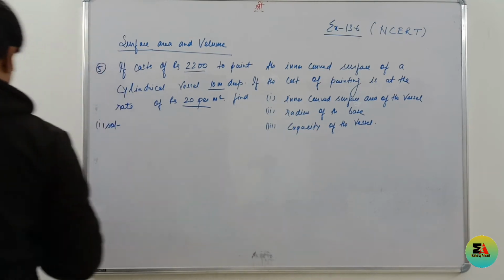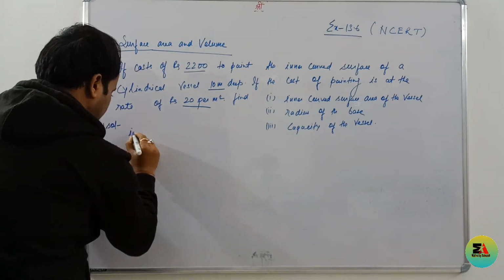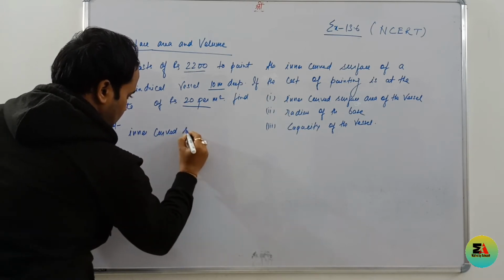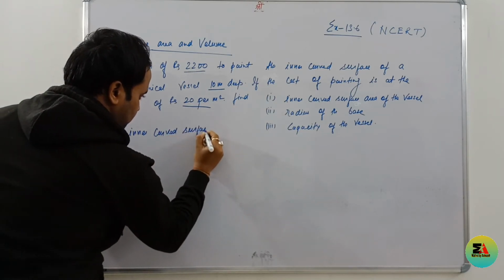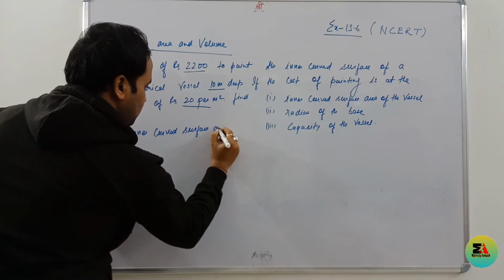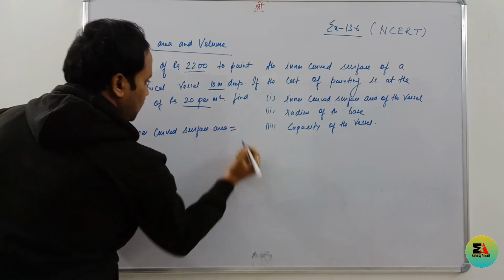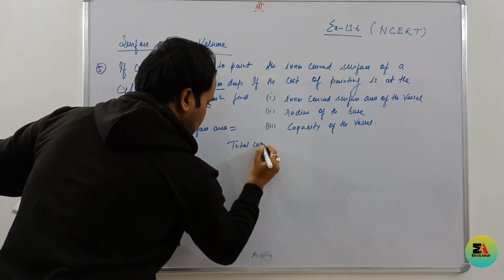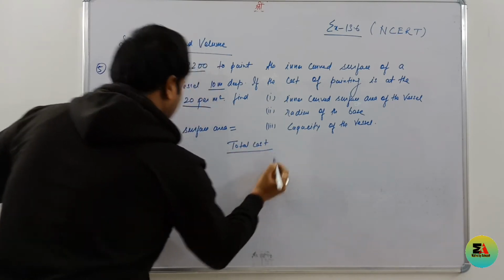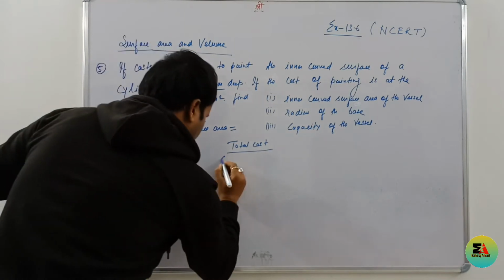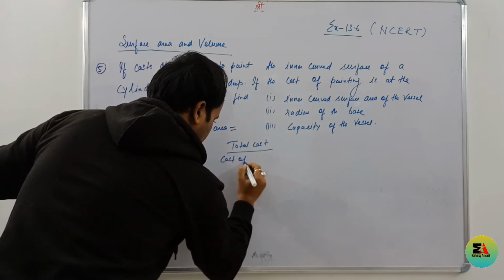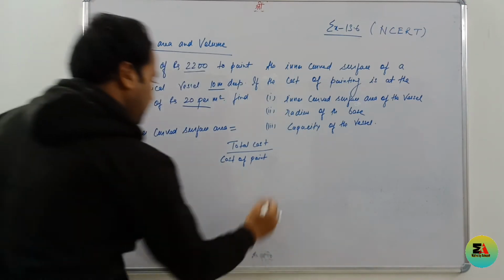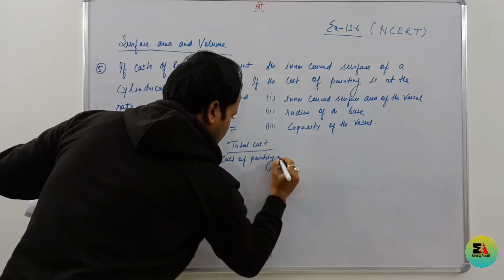Case first, inner curved surface area equals to total cost by cost of painting per meter square.